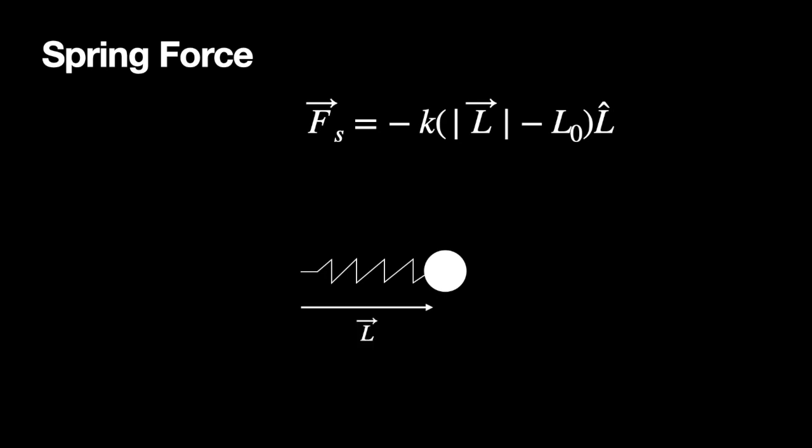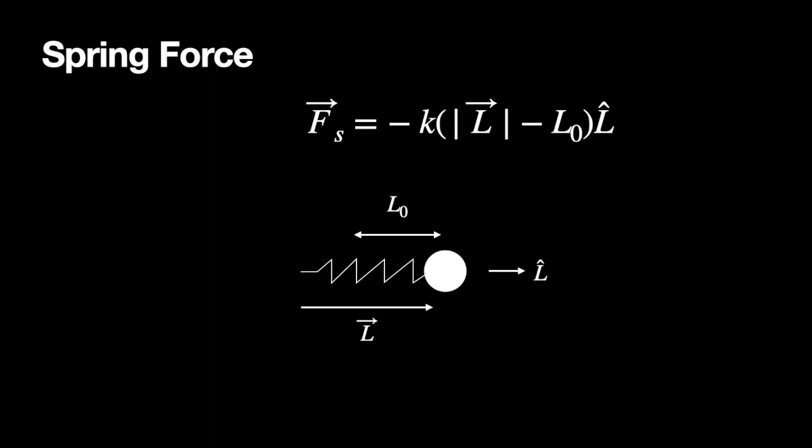L is the vector from the beginning of the spring to the end of the spring, and it's a vector, okay? And then L0 is the unstretched length of the spring. So the magnitude of L, minus L0, is the amount the spring is stretched or compressed. That's important. And then L hat is a unit vector in the direction of L.